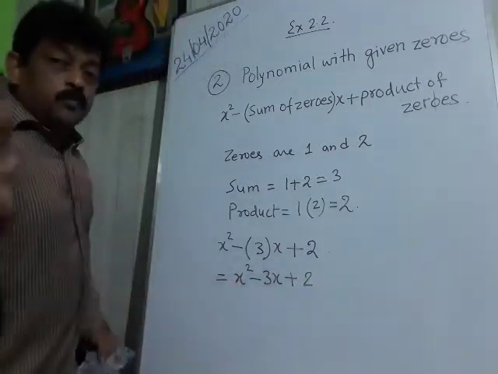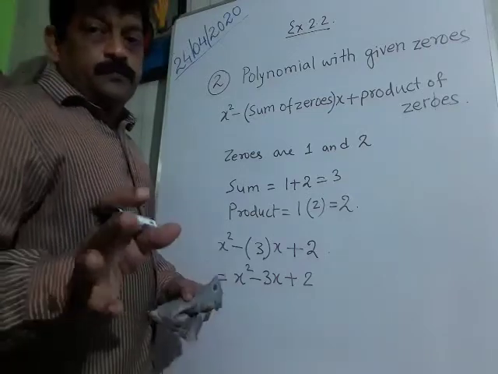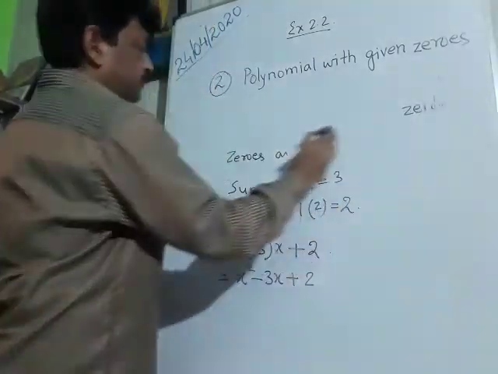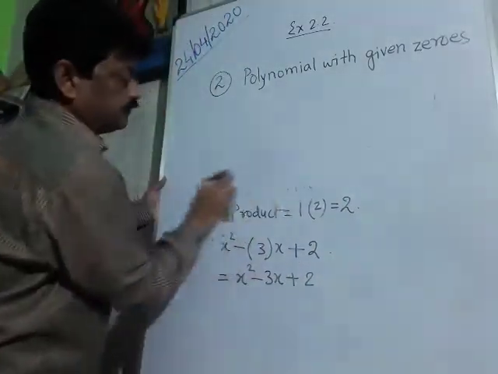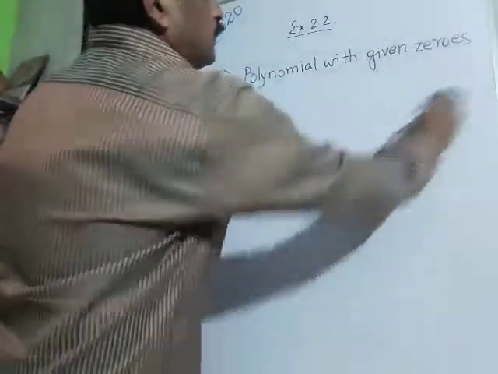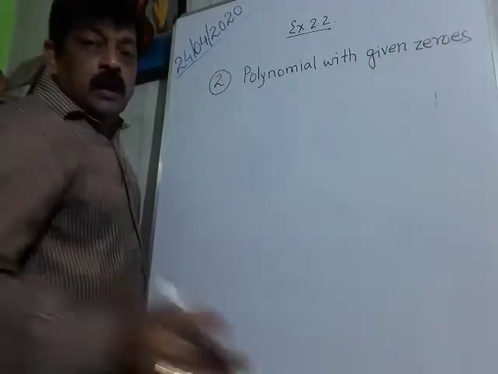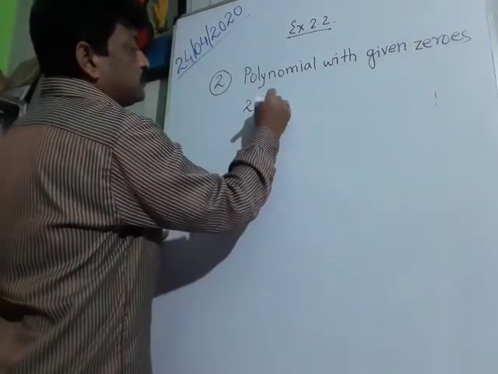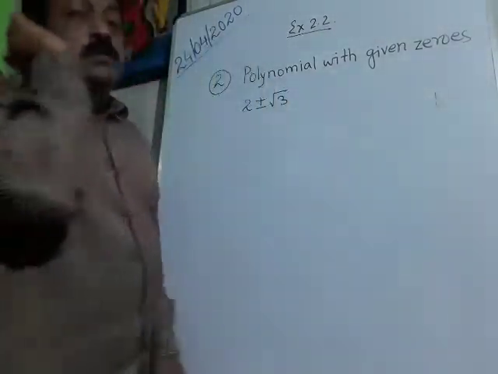So let me give you one more example. It is also very important. Two zeros are given as 2 plus minus root 3. These are the two zeros.